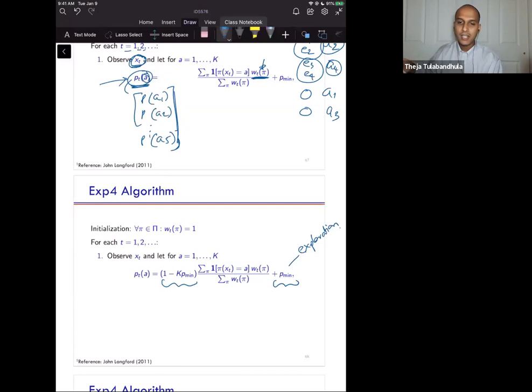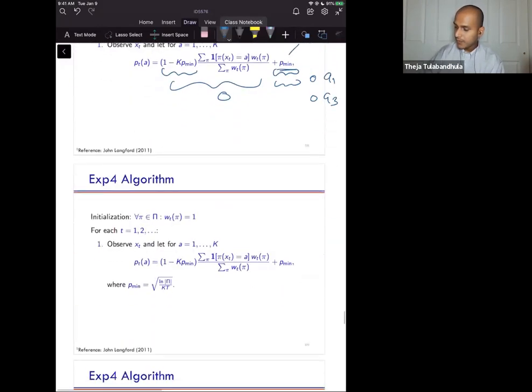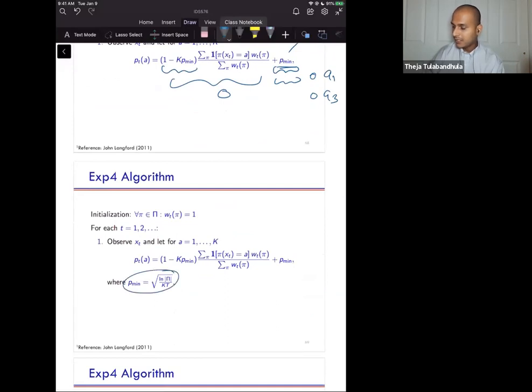But if you had tried it more times, maybe the weights would have been much higher, because it's a very rewarding arm. So you add an extra bonus. For example, if a1 and a3 in the previous slide have zero weights, then this part would be zero, and so you at least have some probability with which you would play a1 and a3. There's some formula there, but that's not very critical here.